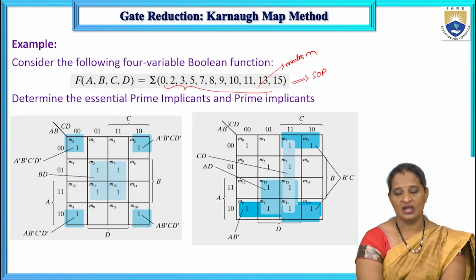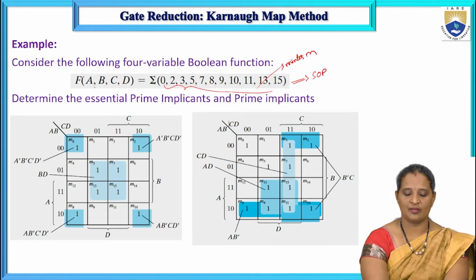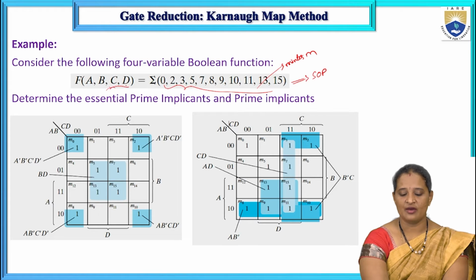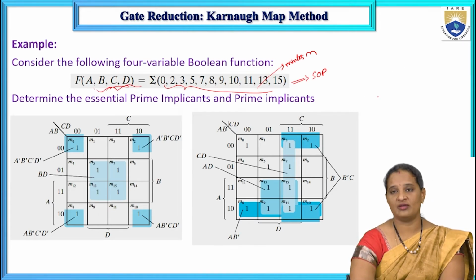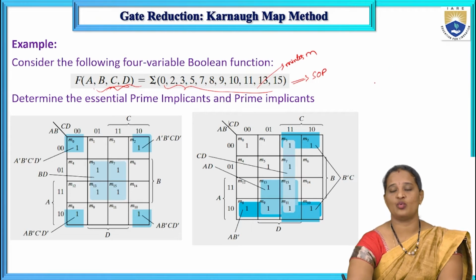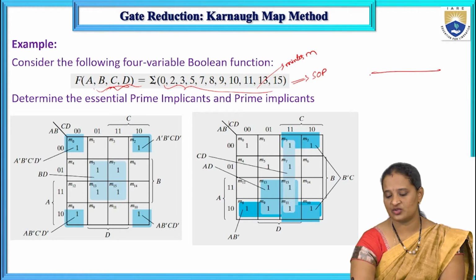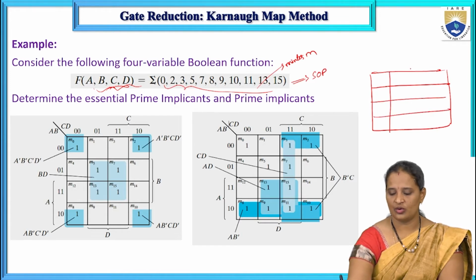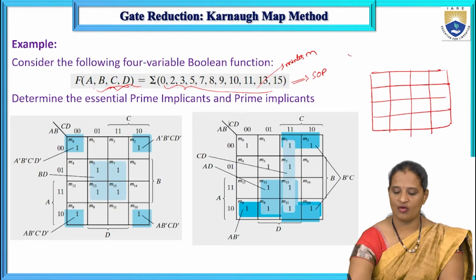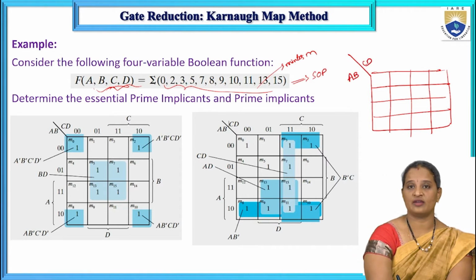So first of all, let us map the Boolean function with the K-map. How many variables does this Boolean function have? It is a 4-variable Boolean expression. So what is the size of the K-map we require? We require a 4-variable K-map in which we have 16 cells. So this is a 4-variable K-map I'm taking here. We should always remember that we need to arrange the variables in the order given in the function.